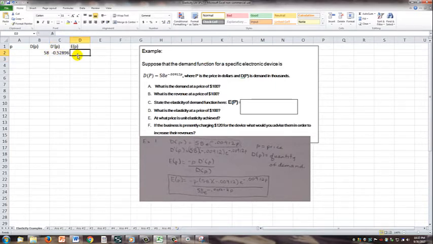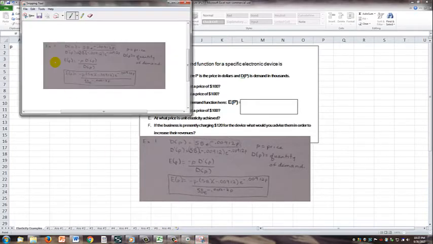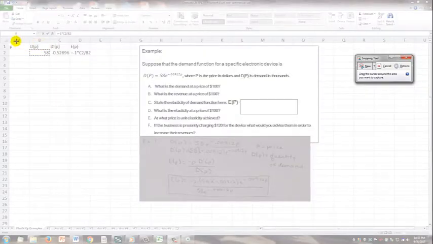And then here's how you do elasticity. So we know elasticity is negative P, right? Well, always type in a -1. So let's type in equals -1 times, and then you've got the derivative P, so you just click on column C, and then divided by D of P, which is column B. So I will save that for you.